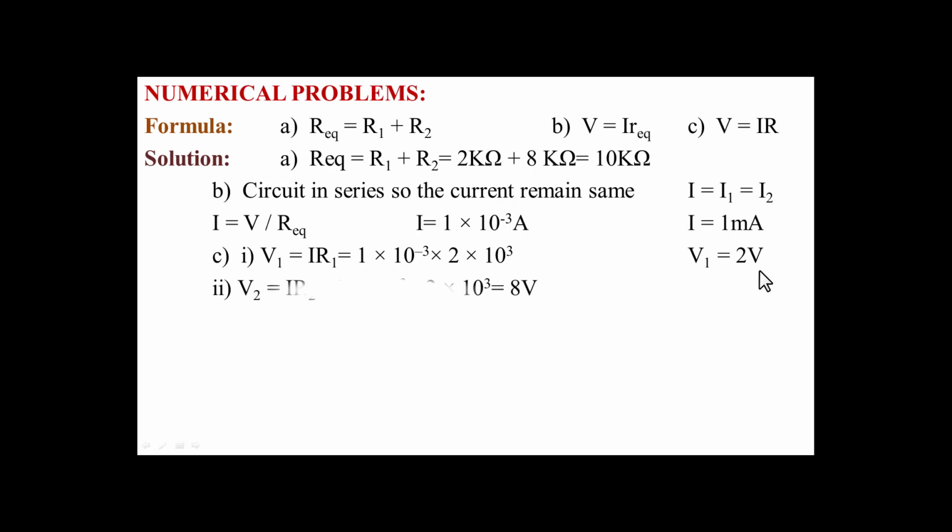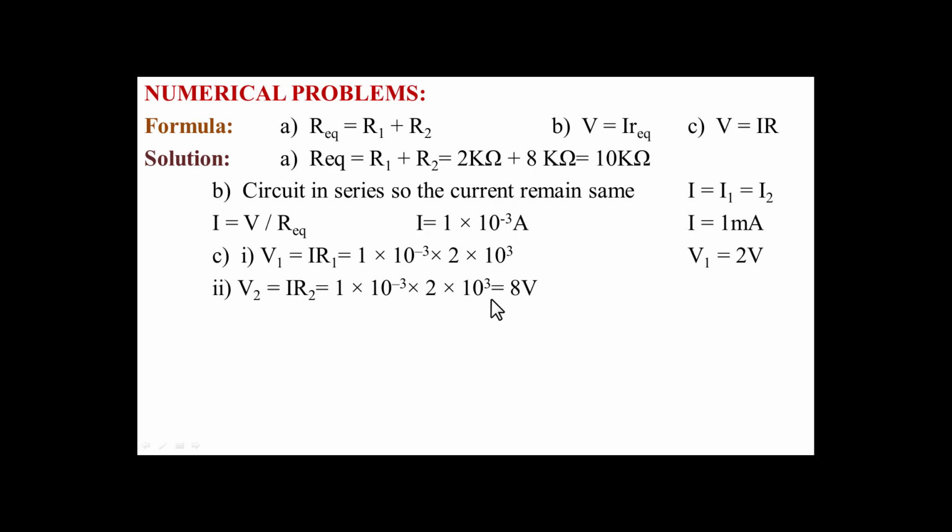Similarly, we can find the voltage V2. Then V2 is equal to IR2. Putting the values, 1 multiplied by 10 raised to power minus 3 multiplied by R2, which is 8 multiplied by 10 raised to power 3. Here we can write the value of 8.